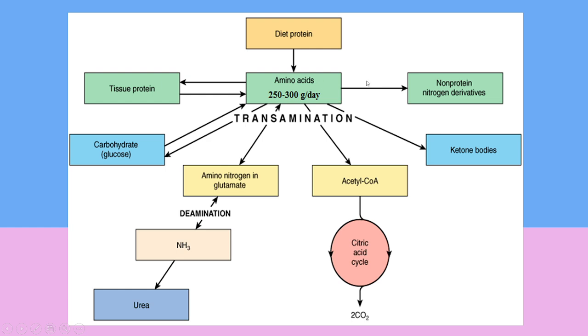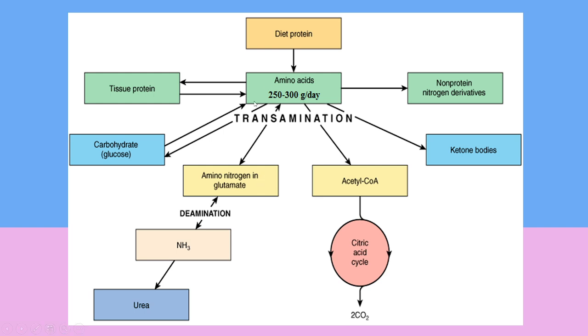the pool itself can be used to form non-protein nitrogen derivatives. And then by transamination, we can shift or we can exit from amino acid pool into a carbohydrate, for example, by gluconeogenesis. We can use glucogenic amino acid to form carbohydrate. The amino nitrogen and glutamate can be deaminated to ammonia to form urea, as we are going to see today.